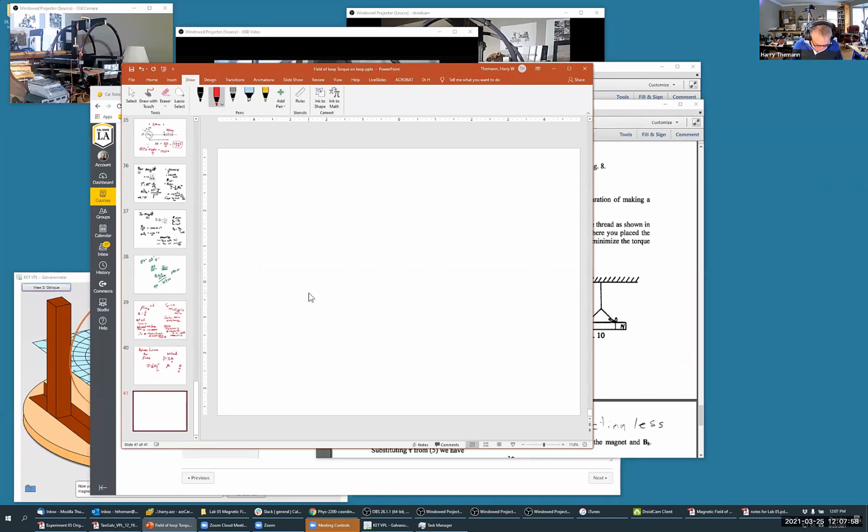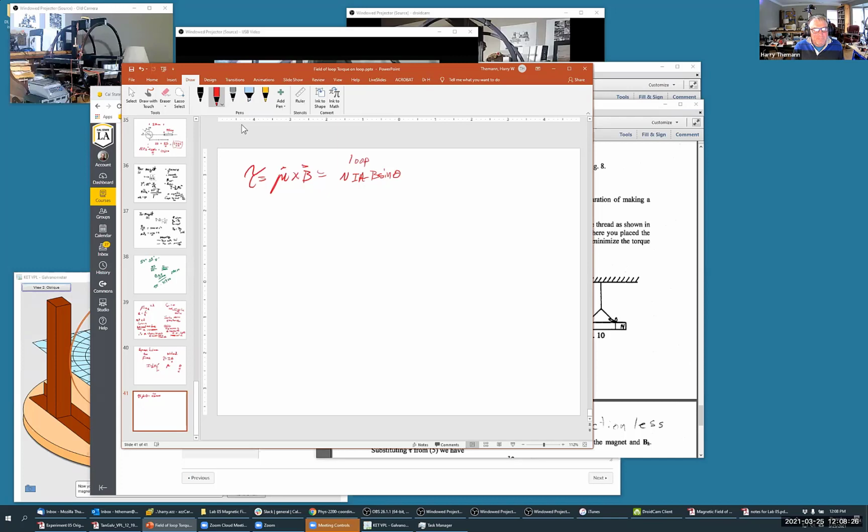So we have this equation, mu cross B, that we just developed, which for a loop is N I A B sine of the angle.